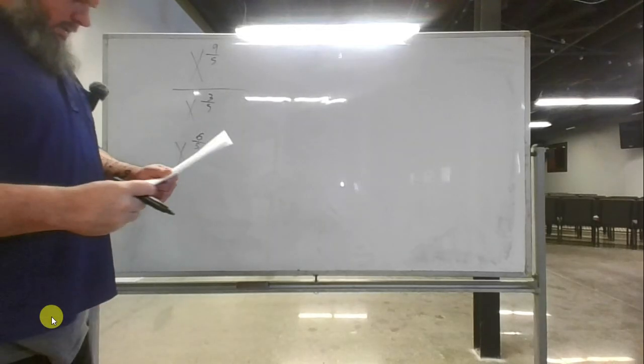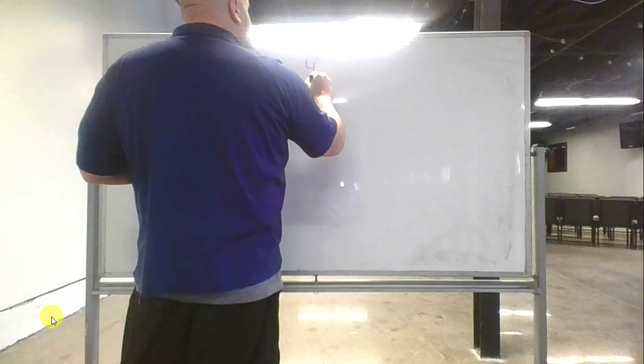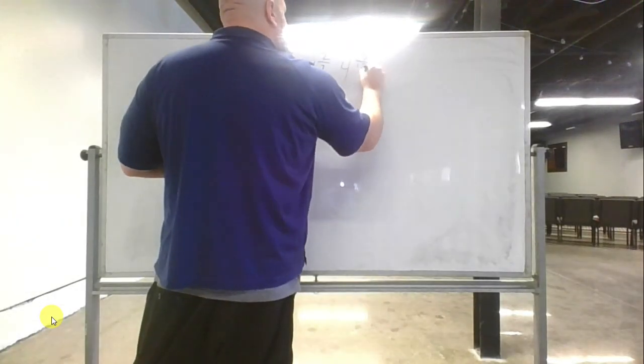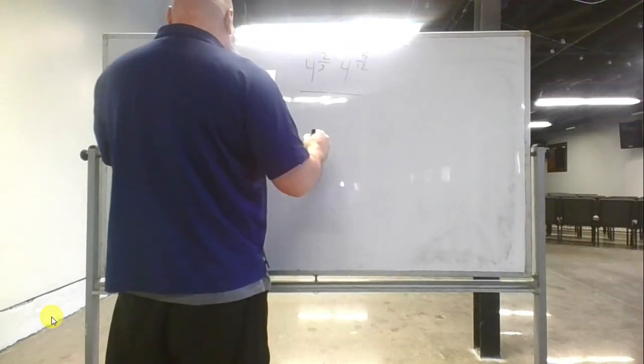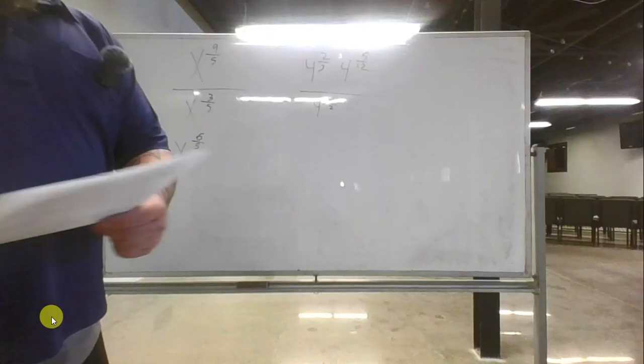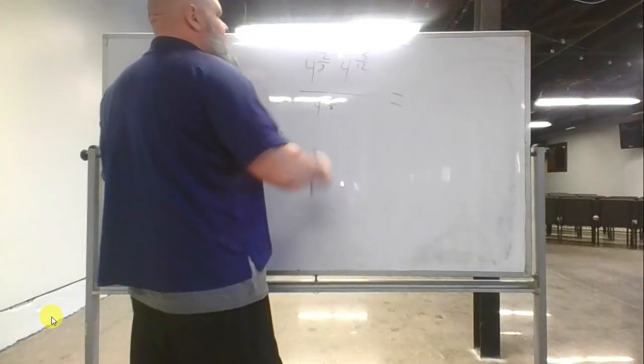So 2/3 plus 5/12. You need a common denominator. Common denominator is going to be 12. So 2/3 is the same as 8/12. So 4 to the 8/12 times 4 to the 5/12 is the same as 4 to the 13/12 divided by 4 to the 1/2.